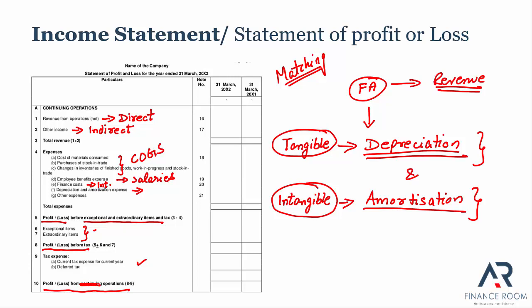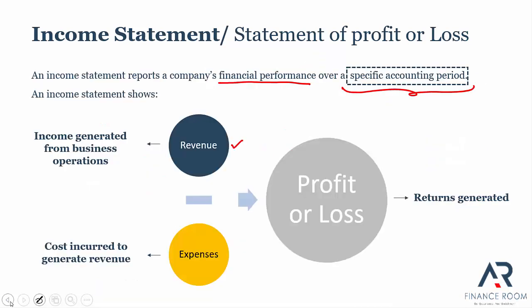Now, I wanted to explain two terms here. I'll just go back to the previous slide once. Revenue is also known as top line. If you are working in the finance industry, in a finance department, or an investment banking department, you might be hearing this a lot: what is the top line of the client?